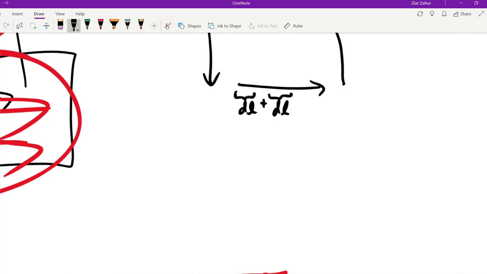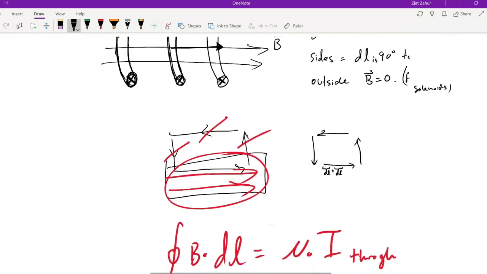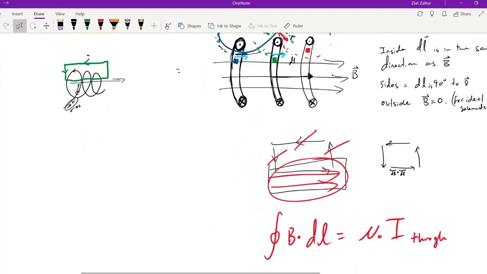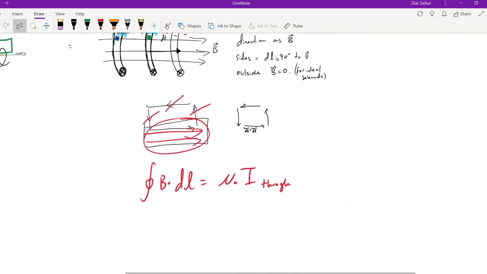Essentially, all the little tiny DLs give us the size of your solenoid, capital L. So B times capital L must equal mu naught times I, but this is only for one loop.